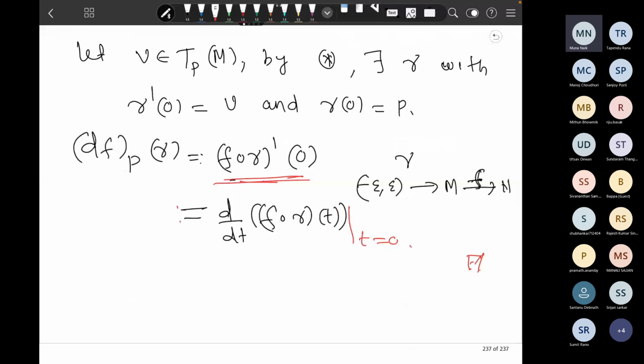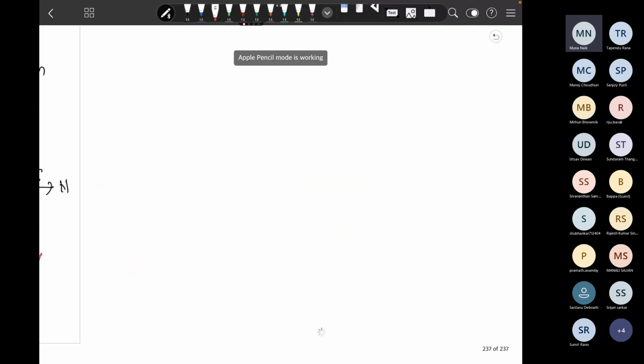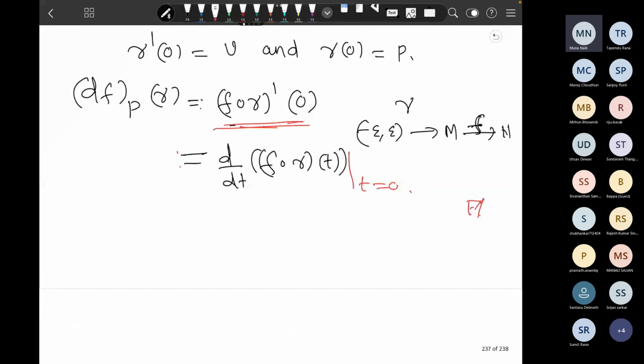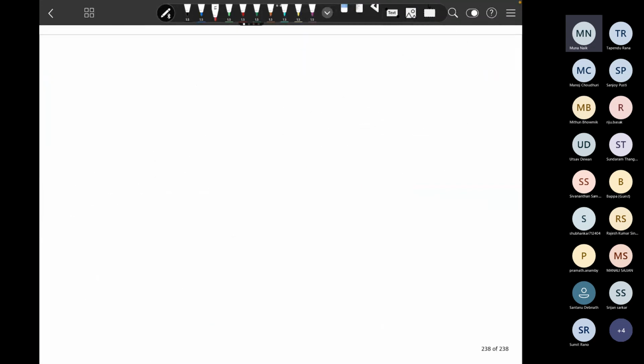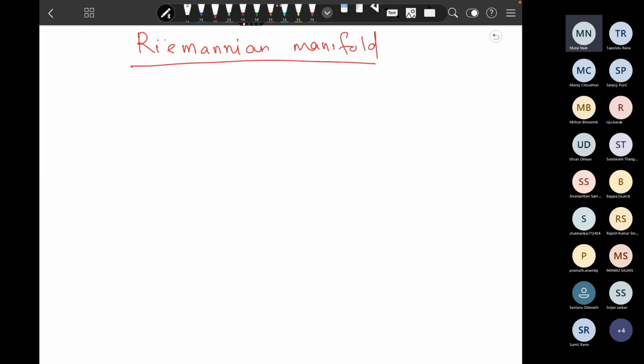So now I really move towards Riemannian manifolds. I want to talk about Riemannian manifolds. So let M be a smooth manifold.